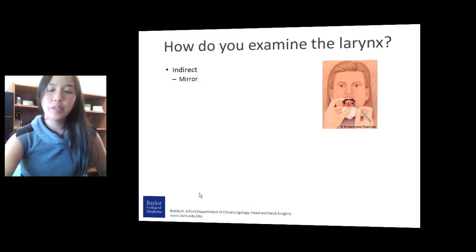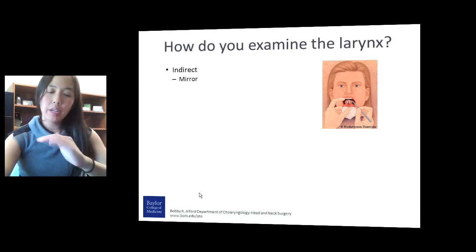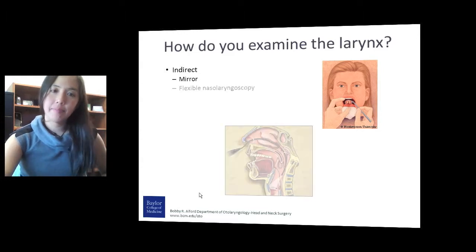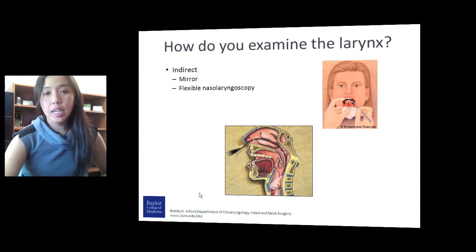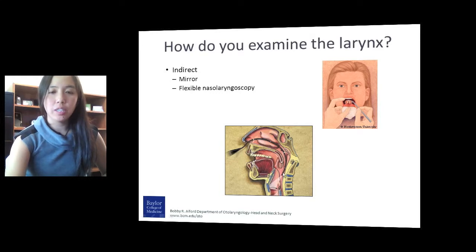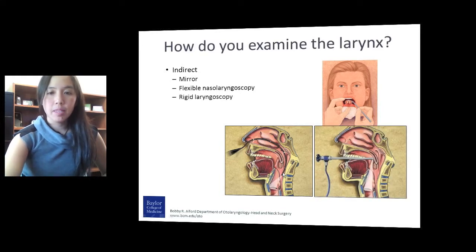This was first described back in the 1800s, where you put the mirror into the mouth and use it to reflect light down onto the larynx. What you'll see most often in an inpatient or outpatient setting is flexible fiber optic nasolaryngoscopy, where a scope is passed through the nose, through the nasopharynx, and then allows visualization of the larynx.